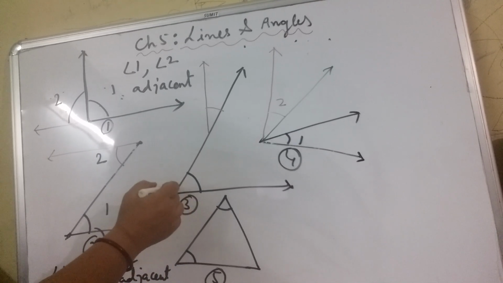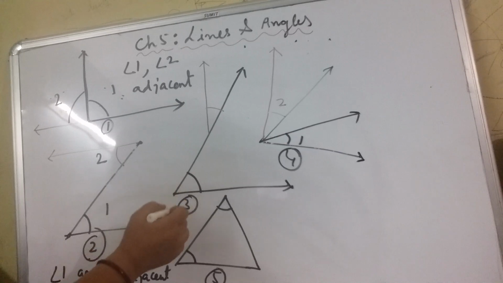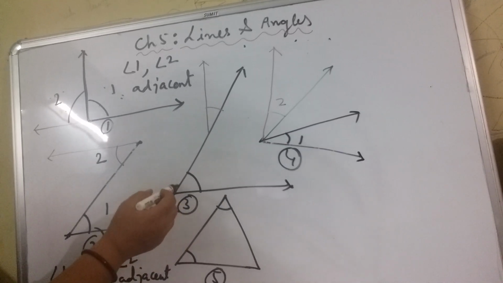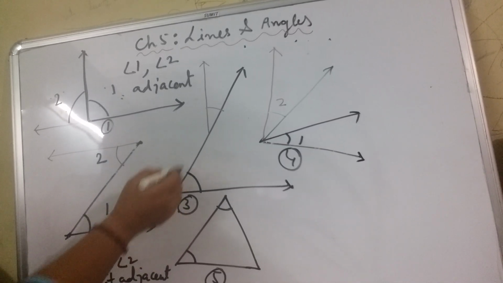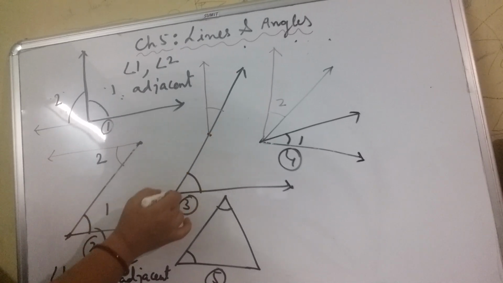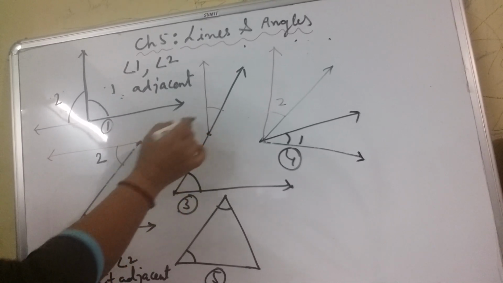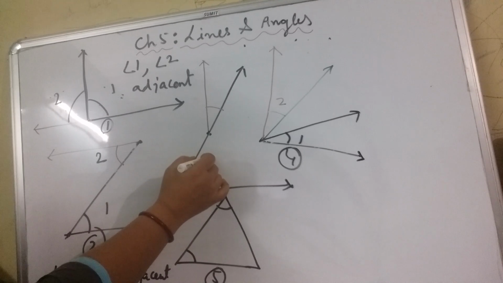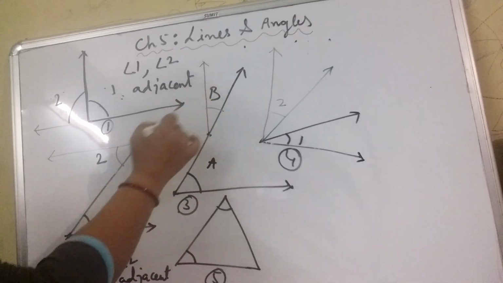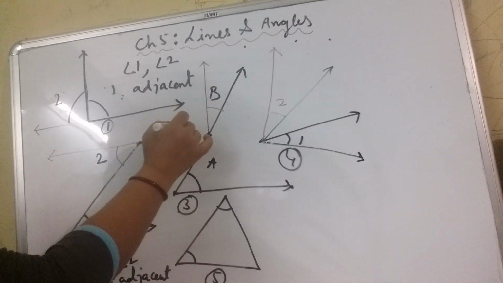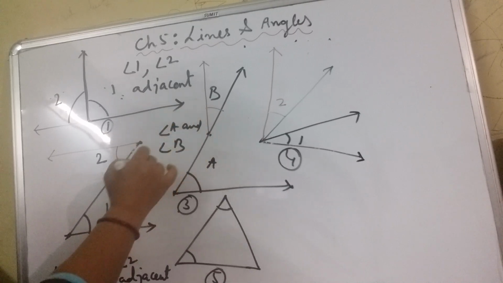Now consider diagram 3. Again they do not have a common vertex, so angle A and angle B are not adjacent.